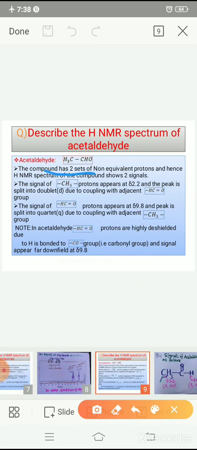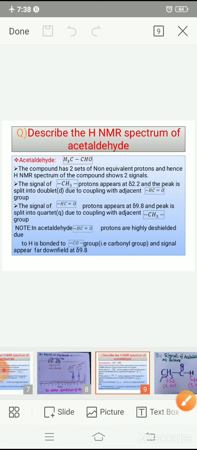The compound has two sets of non-equivalent protons and hence the HNMR spectrum of the compound shows two signals.